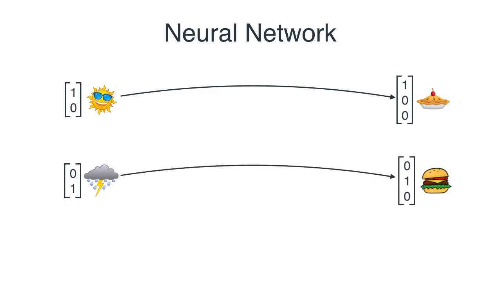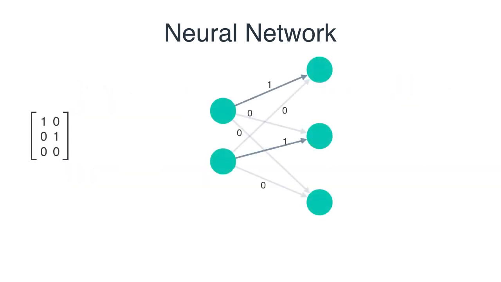If you're used to seeing neural networks not as a matrix, but as a bunch of nodes with arrows, this is it. The matrix on the left is turned into the arrows on the right. As you can see, the dark arrows are labeled 1 for the ones in the matrix, and the light arrows are labeled 0.